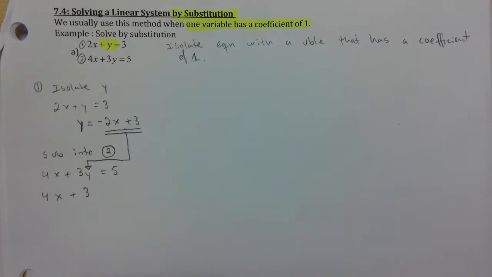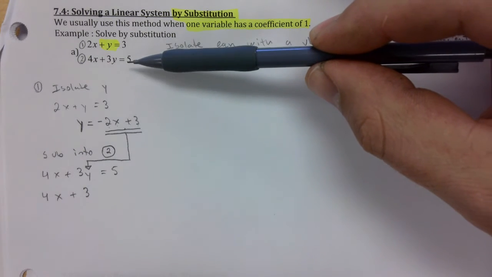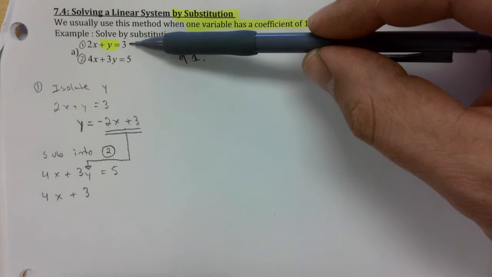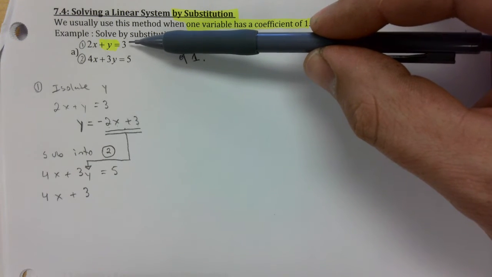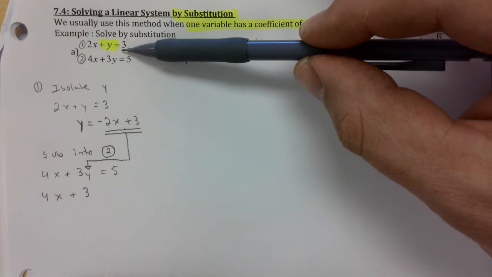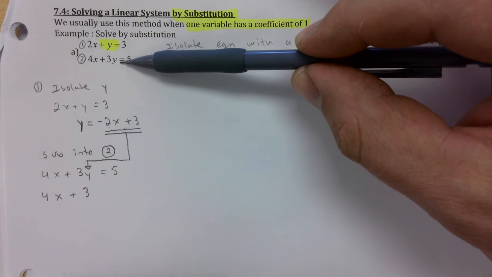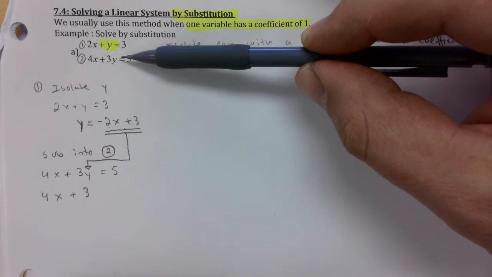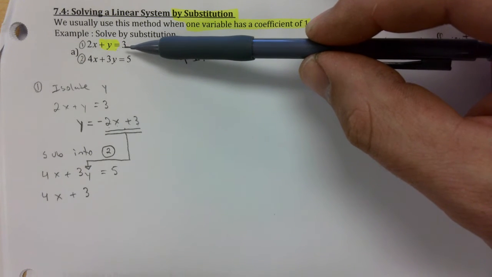What's important to remember is that if you're taking the first one and isolating for y in this case, we can also isolate for x. It's not fixed. It's just that I identified the one that has a coefficient of 1. It could have been in the second equation. In this case, it was in the first. So don't be too fixated on this is how it's always going to work.